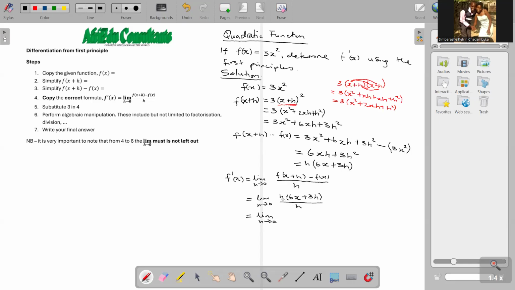The h and the h will divide. So we'll be left with 6x plus 3h.